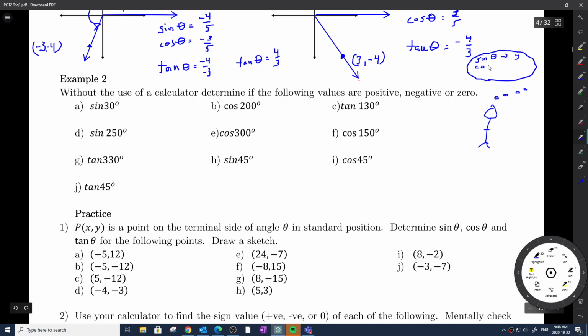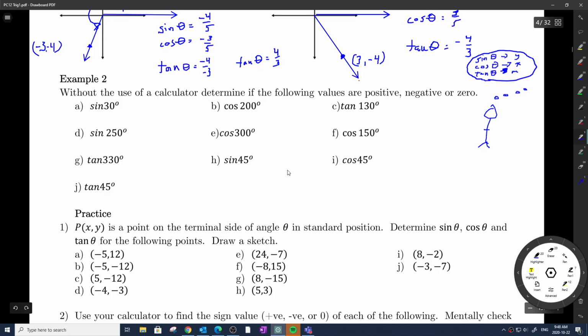Well, where is cosine positive or negative? Again, I say to myself, that only depends on the x. All right, last but not least, I dig deep. Where is tangent positive or negative? And myself pulls through, and says, look at the slope.